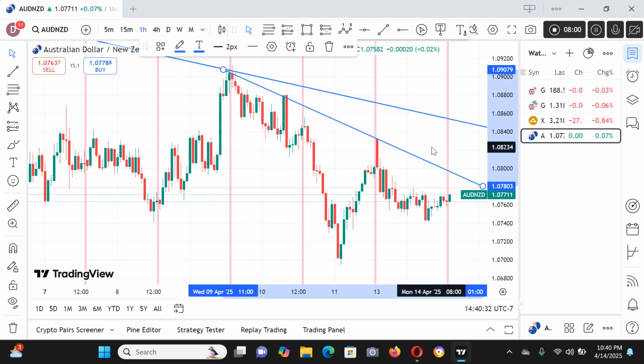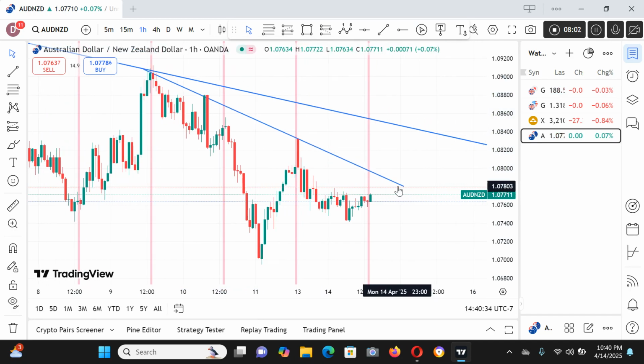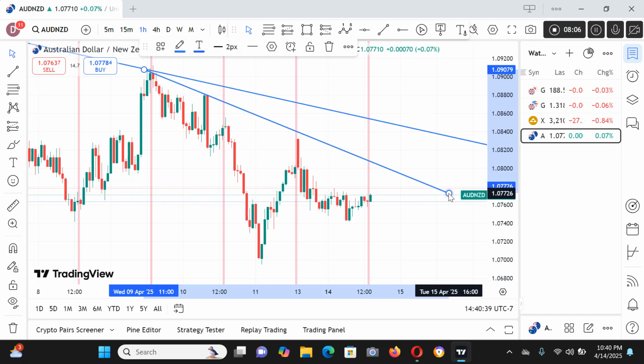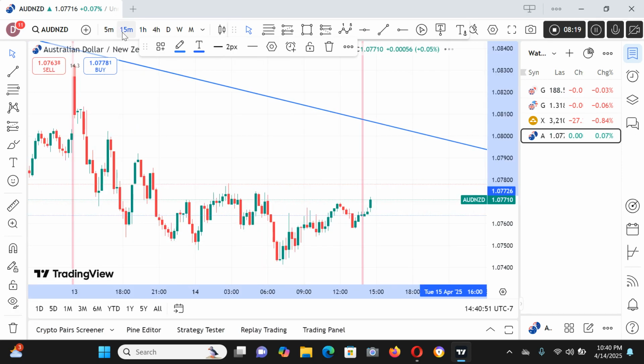I've drawn a very nice trend line from the 1 hour time frame. Now, after drawing it on the 1 hour time frame, which is the recent trend of the market, we'll move to the 15 minutes time frame to look for an entry.